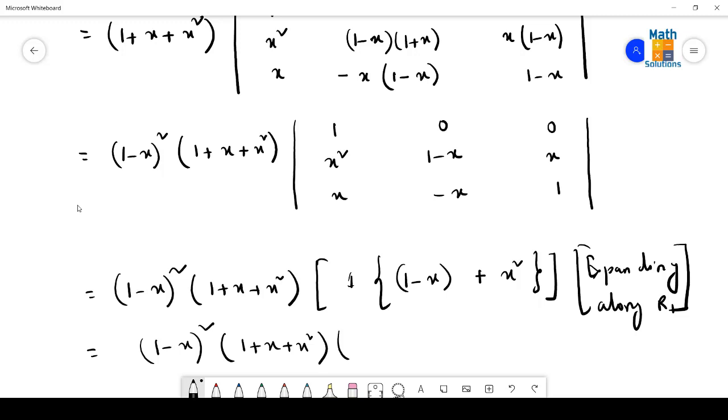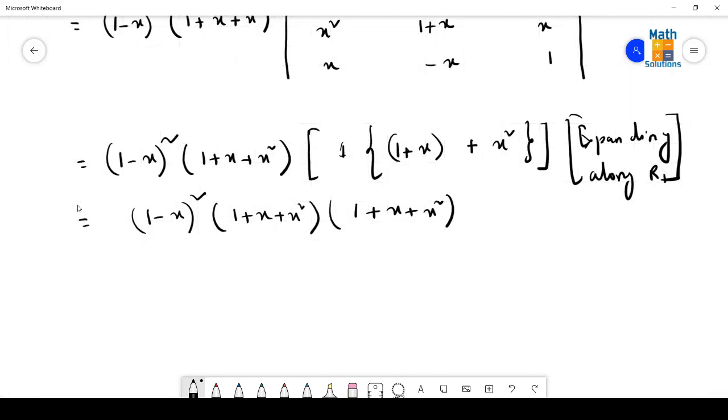There is a change here, this will be plus actually, here also this is plus, so this is 1 plus x square. So in total, combining all these three terms, we can write like this: (1 minus x) whole into (1 plus x square) whole thing square.